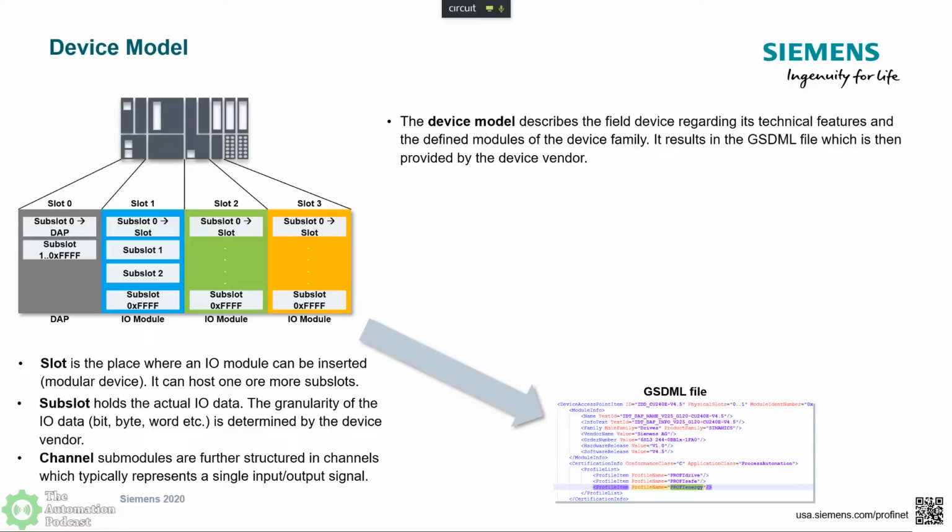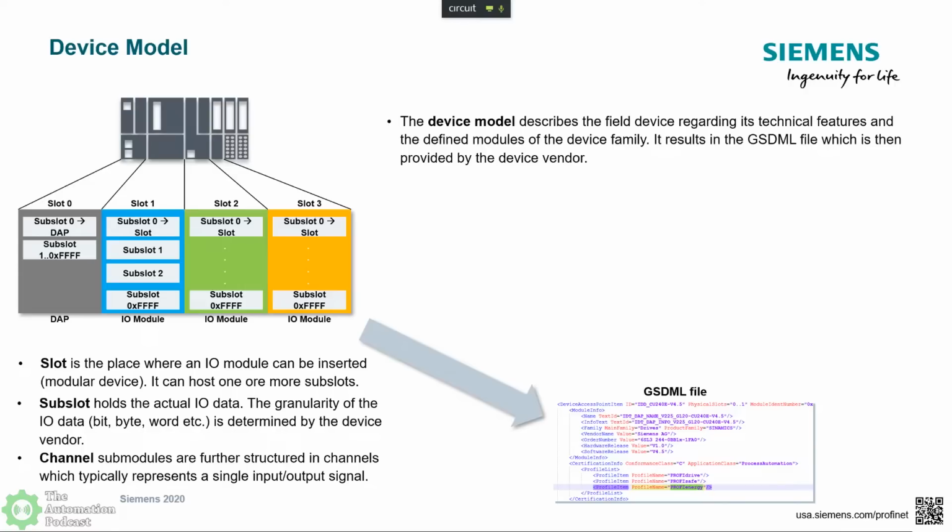It's in an XML format. GSD is General Station Description, and ML is Markup Language. If you have an EtherNet/IP device, then you also have a description file. Same here. You use that description file, import it into your engineering system, and then you can configure your device. So that is what you use that file for.